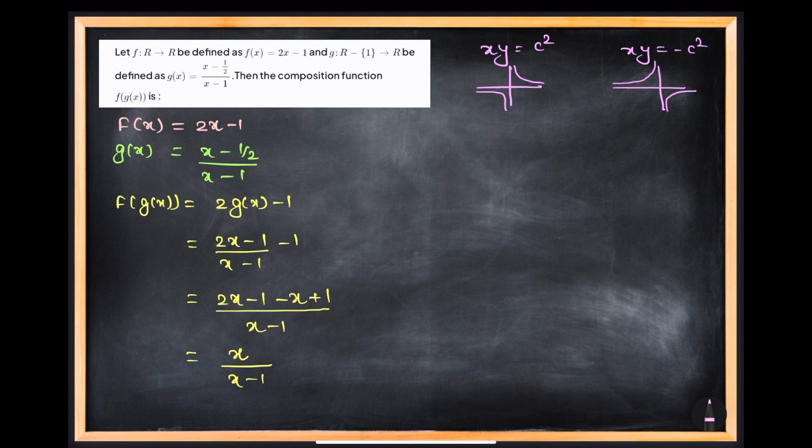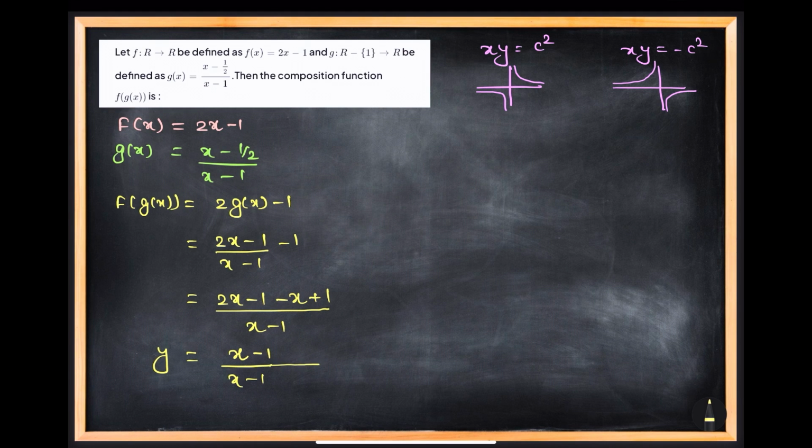So for that, I will assume LHS f of g of x as y for time being. Now on the numerator, I will try to create a constant, because we don't want a variable on the numerator. So how will we do that? We have to eliminate this part from the numerator, and we can eliminate it only with the help of the denominator. So can I do minus 1 so that I can create x minus 1 by x minus 1, which is 1? So I will get rid of this variable x.